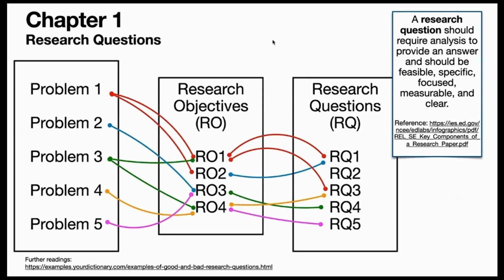Let's say for the first variable in your instrument, you have 5 items, and for the second variable, you have another 5 items. For example, RQ1 up to RQ5, each RQ contains 2 variables, each variable has 5 items, meaning 10 items for each RQ.